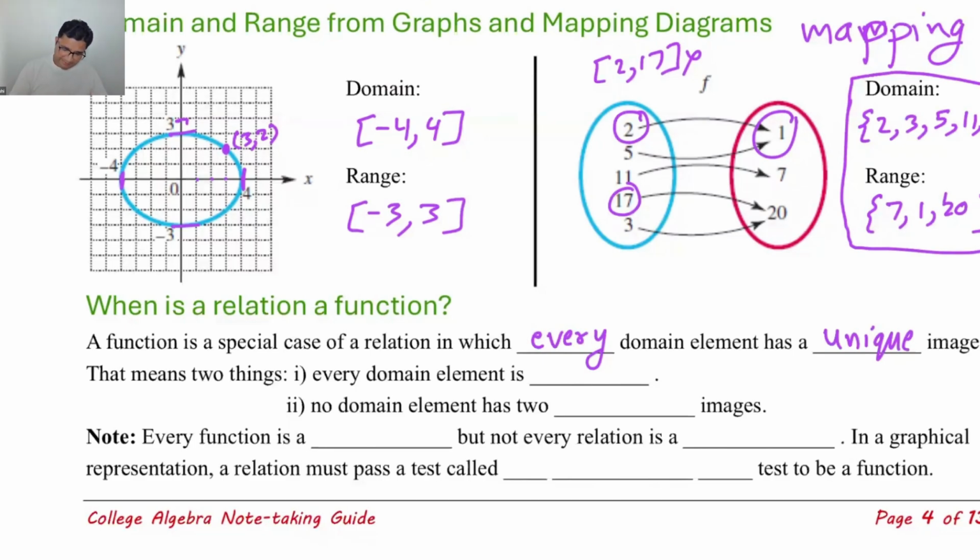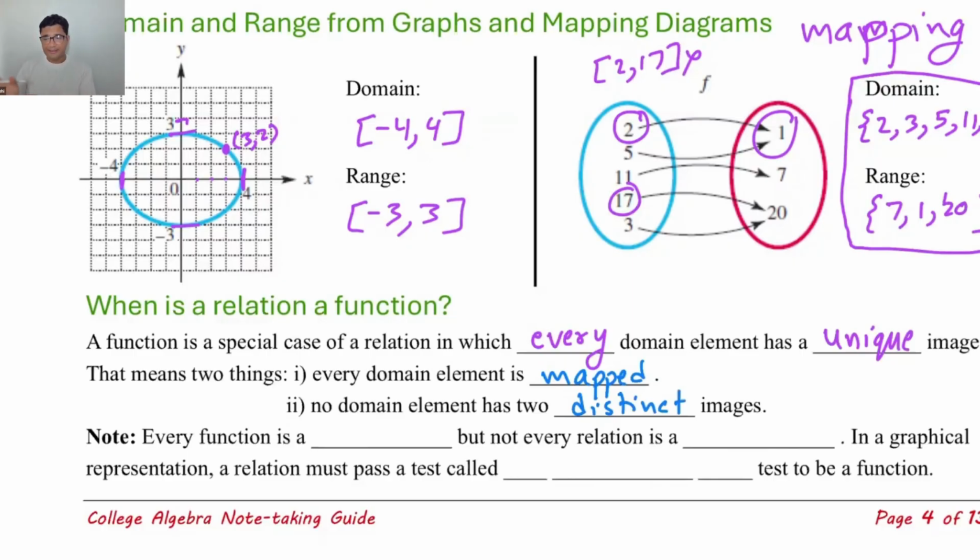So to clarify, I'm breaking this down into two parts. That means two things. Every domain element is mapped. No domain element has two distinct images. You have to understand the meaning of the word unique.